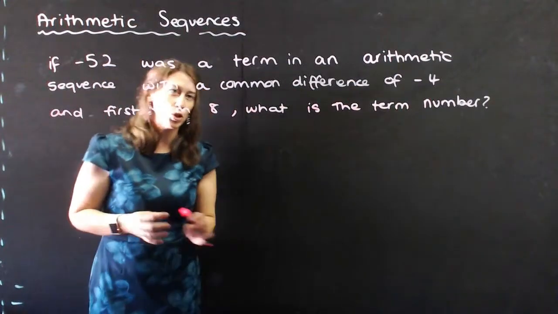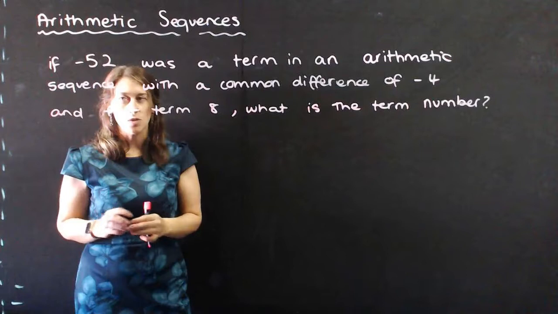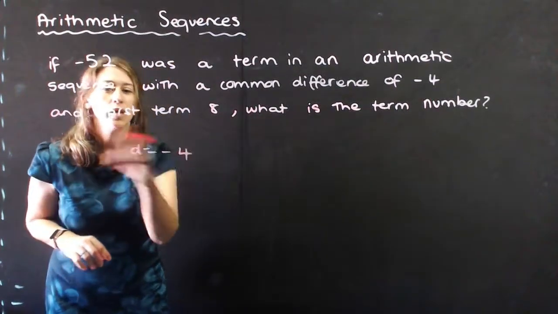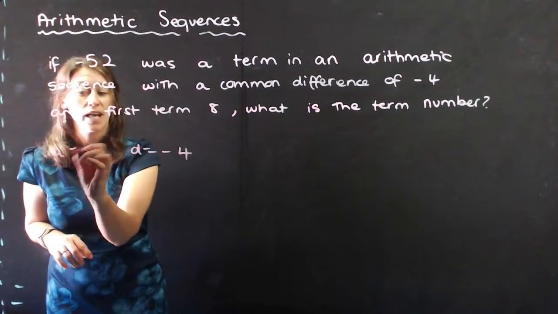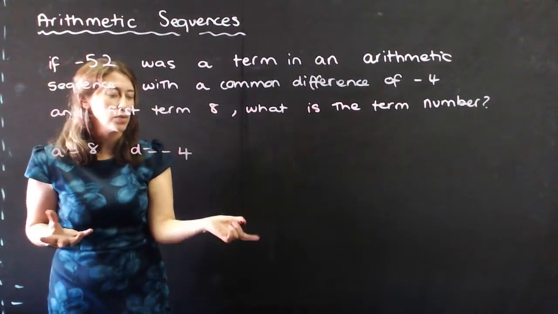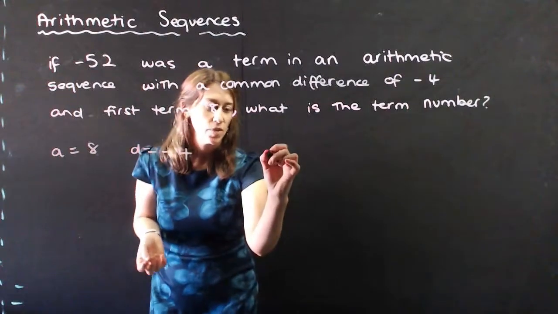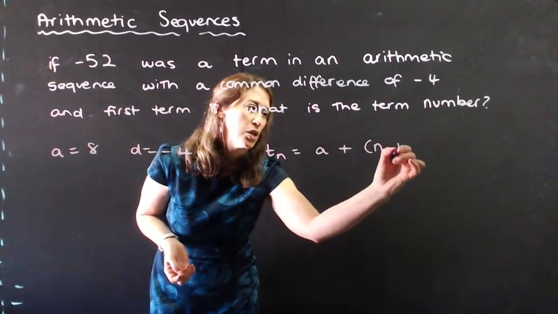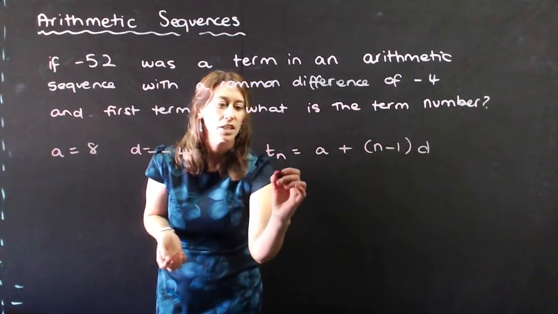If minus 52 was a term in an arithmetic sequence with a common difference of minus 4, so we say D equals minus 4, and the first term is 8, so A equals 8, what's the term number? Well, the only thing we can do is go from the nth term. So we know that the nth term is found by A plus (n minus 1)d. So let's sub those values in.